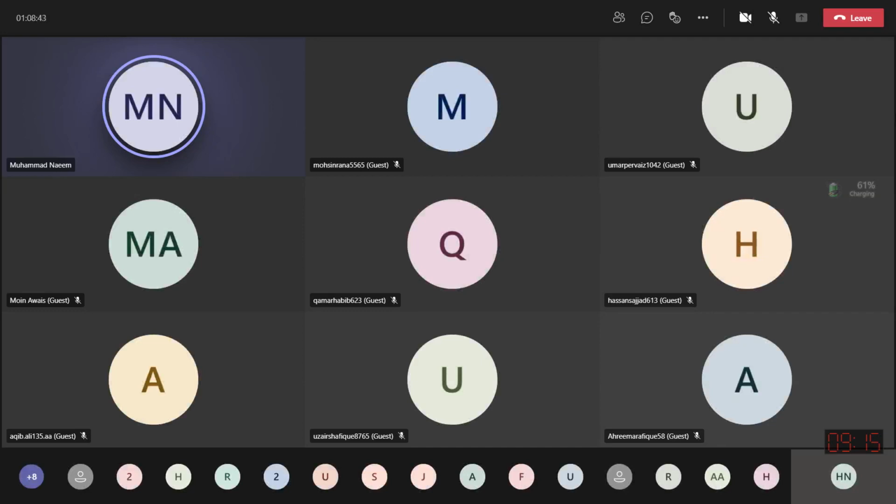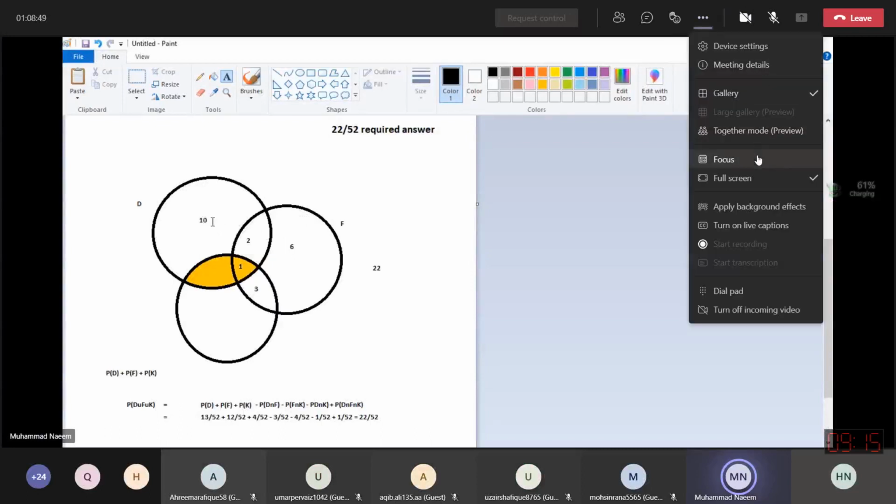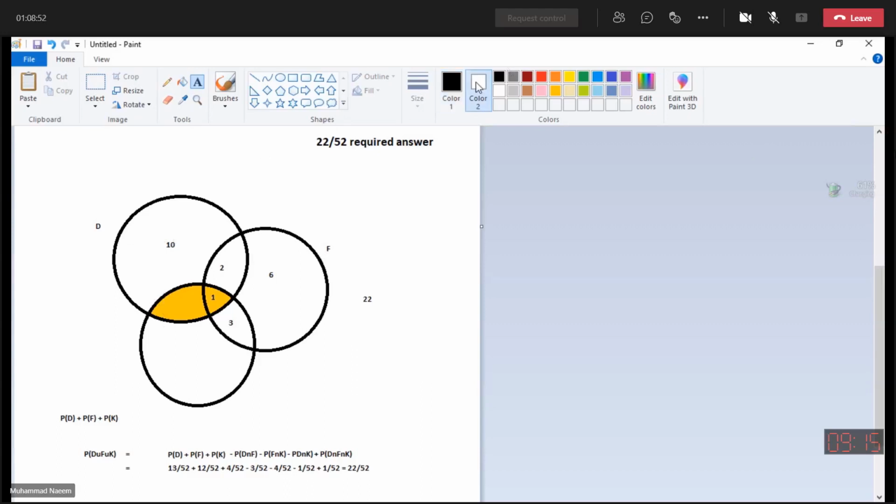Look at this diagram. These 10 cards, I need to avoid this color.